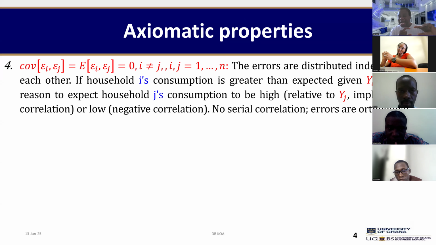But the error I is for one individual, whereas error J is for another individual. Take note.